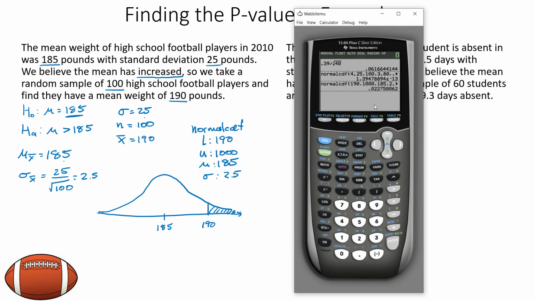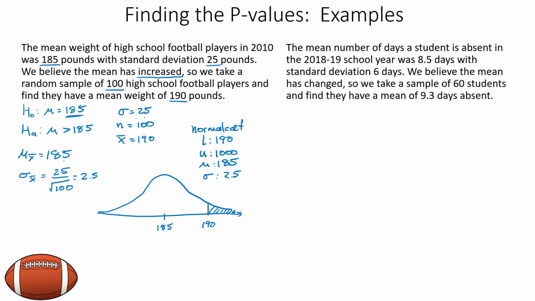And we're going to get 0.02. All right, we just really need the first 2 digits, 0.02. There's our p-value. All right, so that is definitely less than 0.05, so that means we would reject the H0. All right, looks like we have evidence that the mean has increased.